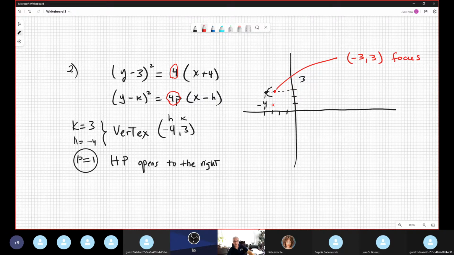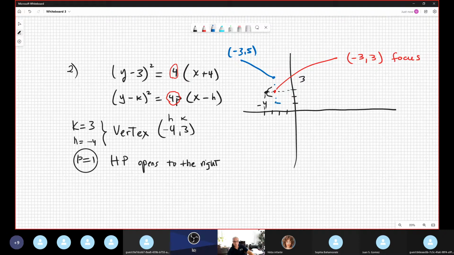But it is symmetric with respect to the axis of symmetry, right? So, 2 here. Actually, let me use another color. This is 3, 4, 5. This point is (-3, 5). And then I go down 1, 2.